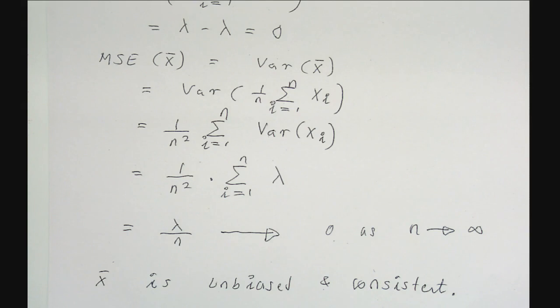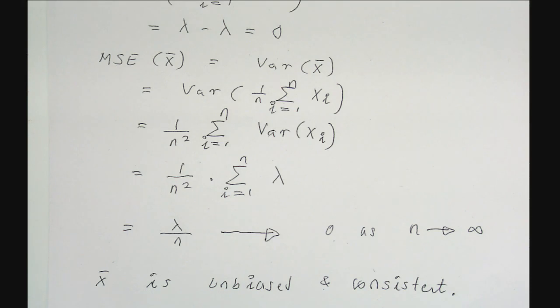We find the bias first, which is the expected value equal to lambda, right? And here we'll find the variance of x bar. Could we just say that because the variance of a Poisson distribution is lambda, this is equal to lambda? No, this is x bar.